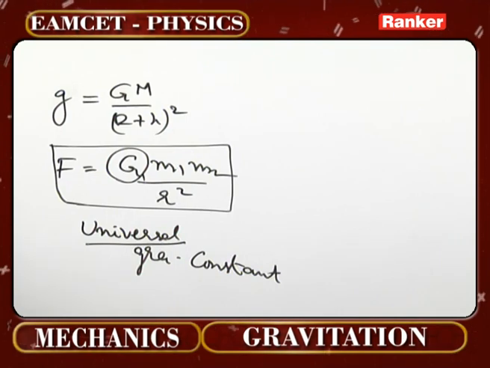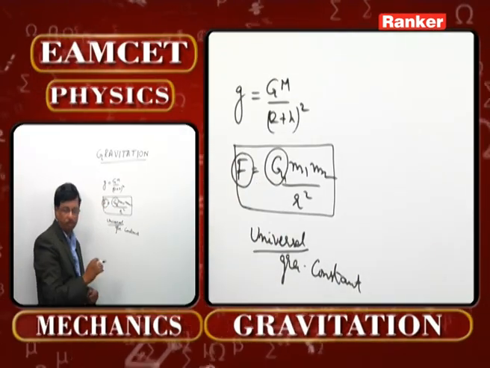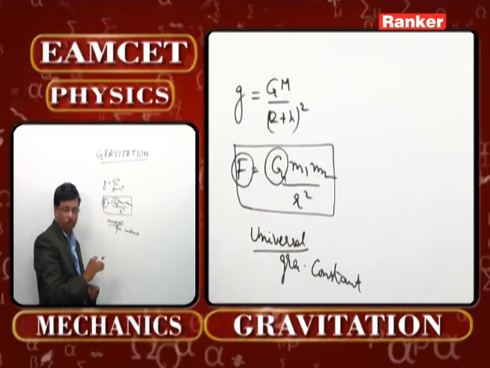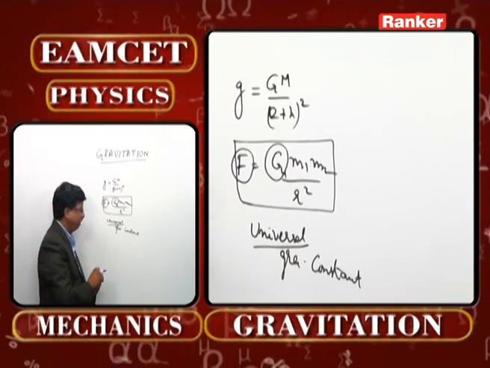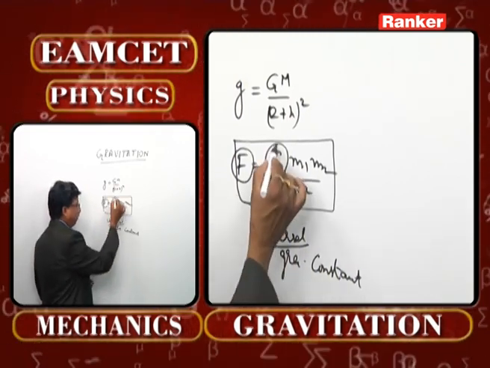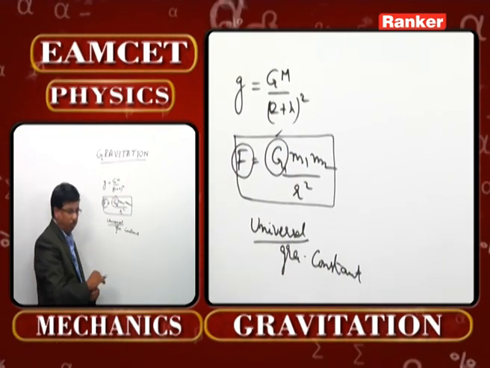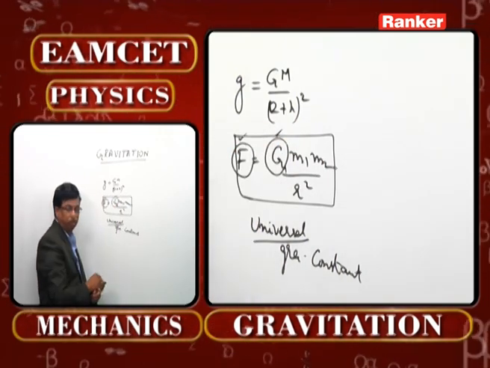When we look at this particular problem, initially the force between the bodies is given as F. Now the space between the bodies is totally filled with a liquid of specific gravity 3. Just now I have told you that capital G is independent of the medium between the bodies. There will never be any change in the force of gravity between the bodies.